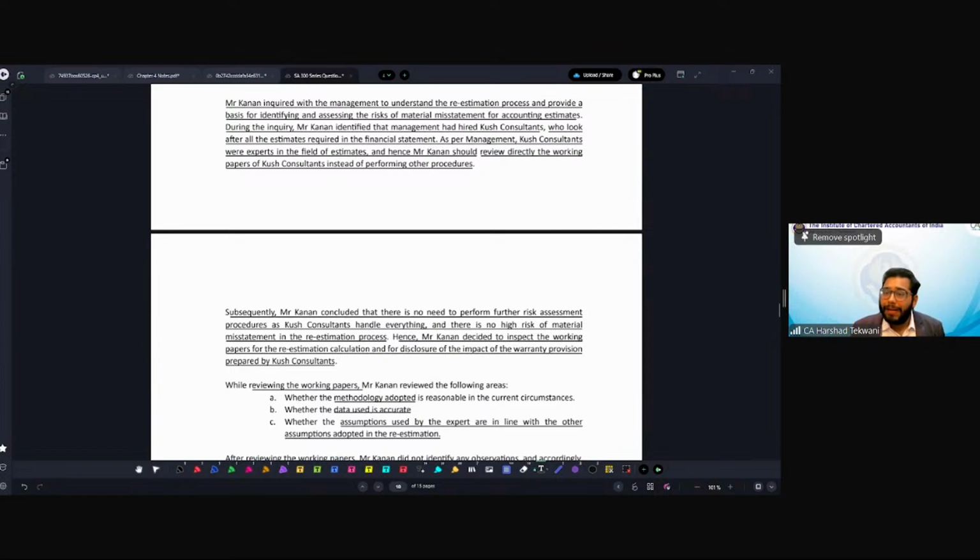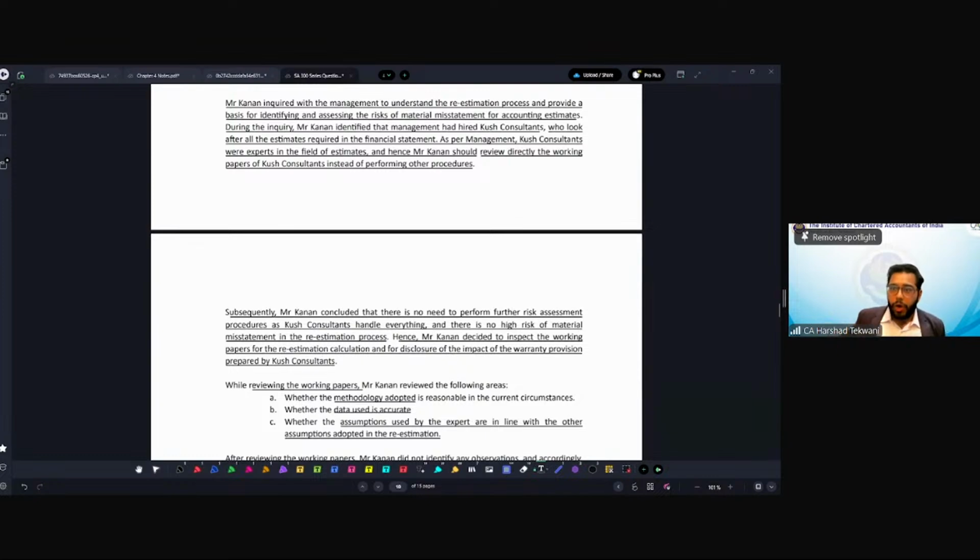Whether the report of the independent experts satisfies all your risk criteria at all the assertion levels, only then can we say okay, yes. And for that also you need to perform risk assessment. Simply, whether the impact given by the management, that retrospectively changing the provisions, is something that is there in the experts' report also, is directly impacting my account balances and the presentation and disclosure level risk, that the presentation and disclosure of the warranty provision could be incorrect.